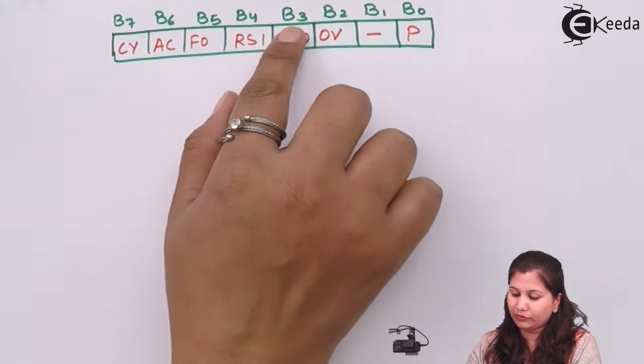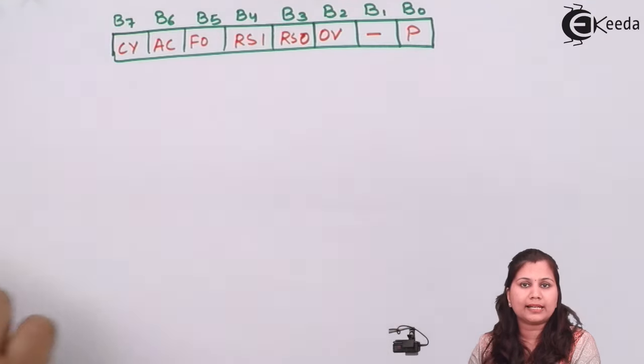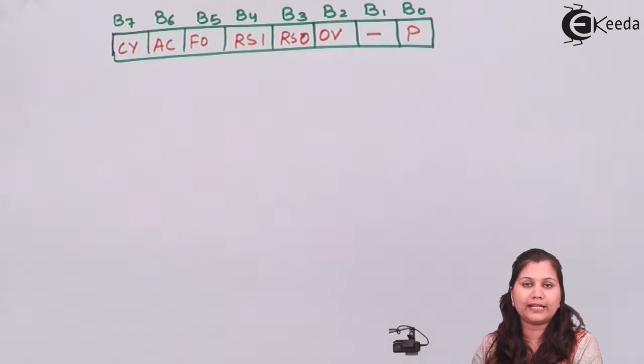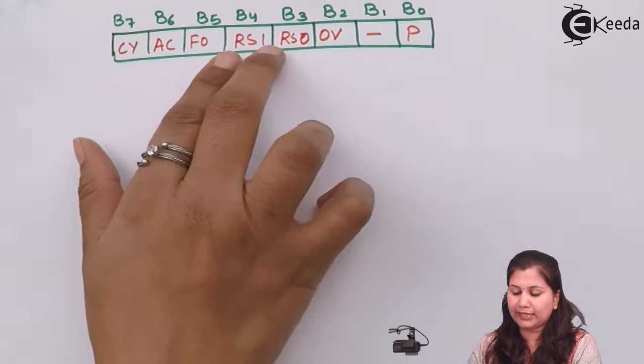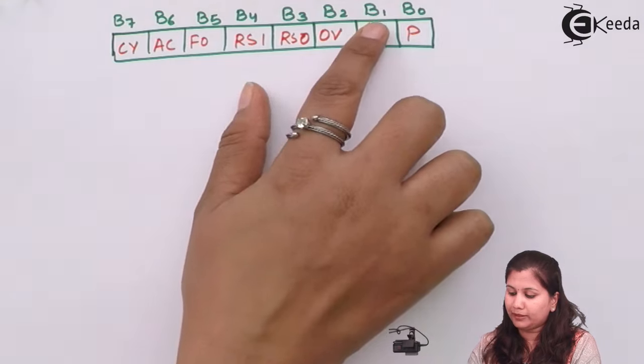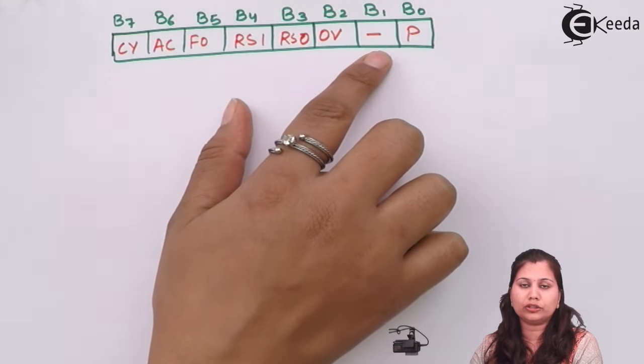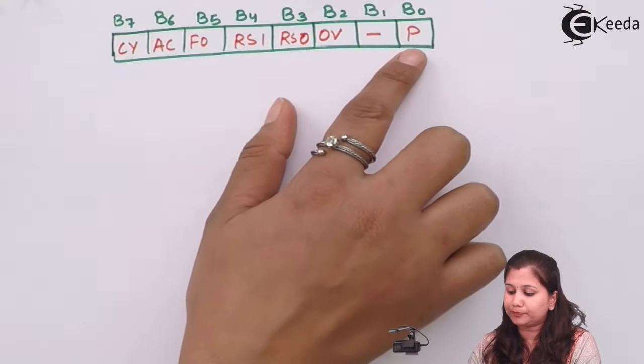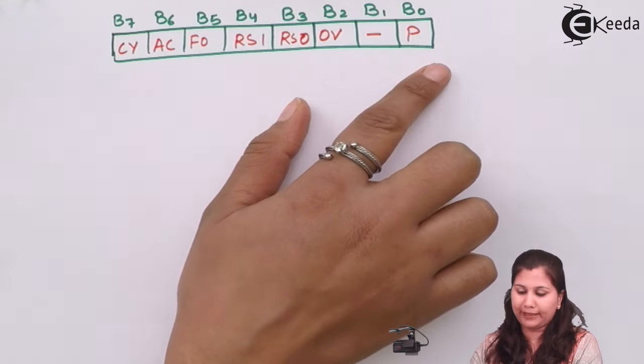Bit 4 and bit 3 are used for the selection of the bank, because 8051 has 4 register banks, bank 0 to bank 3. To select each of the banks, we have these selection bits. Then we have the overflow flag. Bit 1 is reserved for later use, and bit 0 is the parity flag.